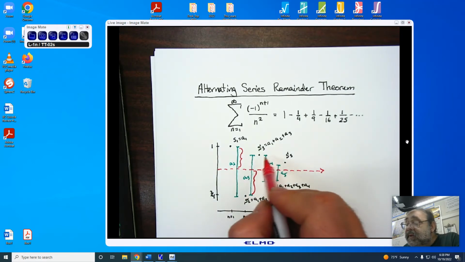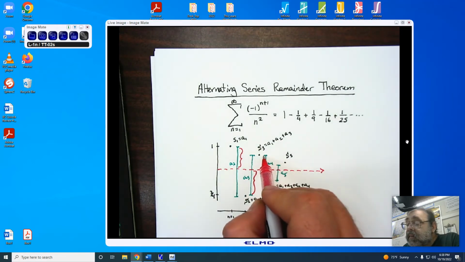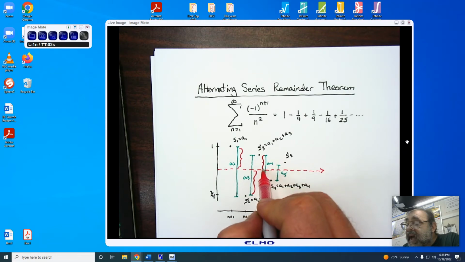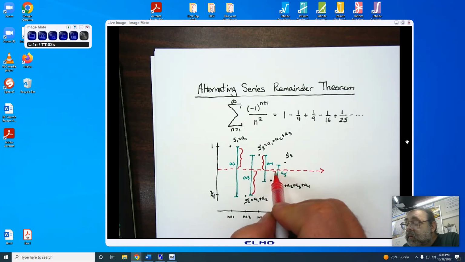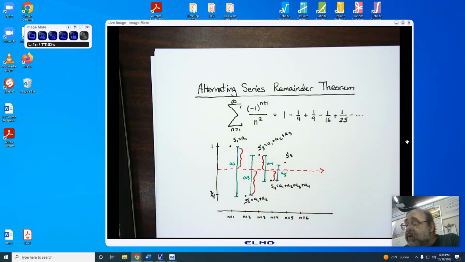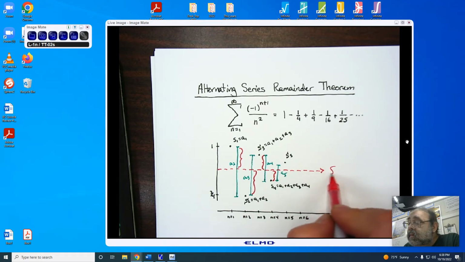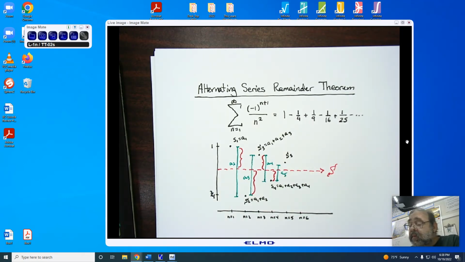The error between S sub 3 and S is less than a sub 4. The error between S sub 4 and the total sum S is less than a sub 5.